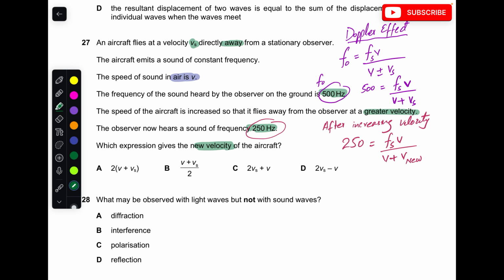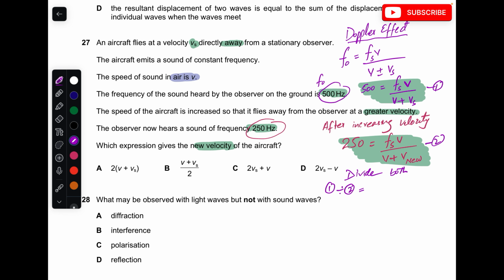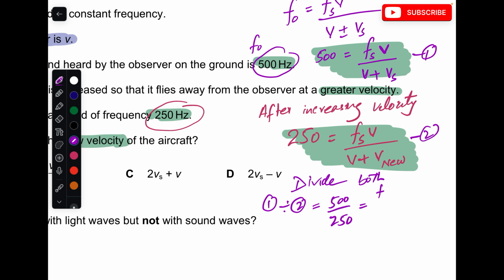So we have to find the expression. I have two different expressions, this one and this one. To find the unknown, I can divide them. Let's call this 1 and this 2. Equation 1 divided by equation 2: 500 divided by 250 equals FsV over V plus Vs, divided by Fs into V plus V new.